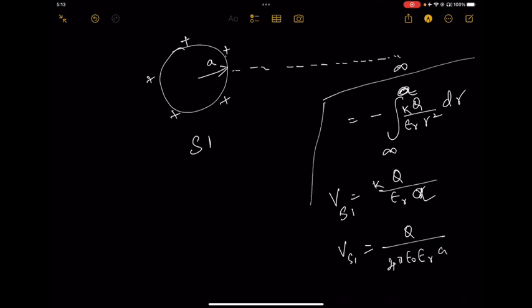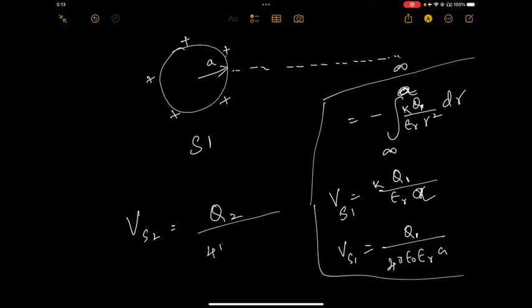This is Vs1. Next is Vs2 will be Q2 by 4 pi epsilon B, if you say here it is Q1, because the charges will not be same. Since the radiuses are different, charges will also be different.